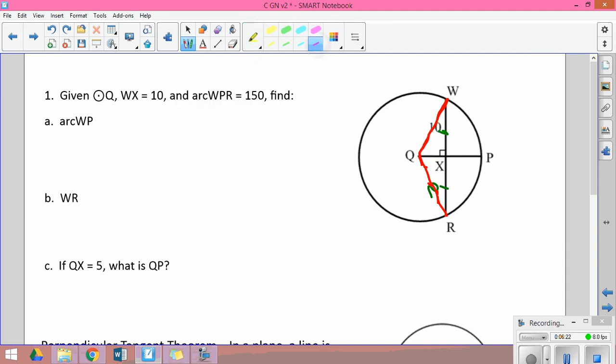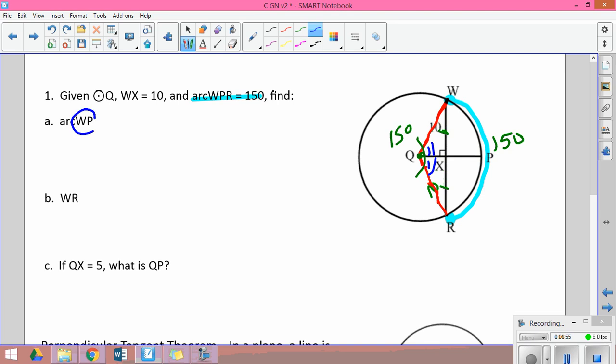Additionally, I'm given the information that this arc is 150 degrees. And so if that arc is 150 degrees, WQR is the central angle, so that angle is 150 degrees. And if you remember from the perpendicular bisector theorem, these angles get bisected, so each of those angles is 75.